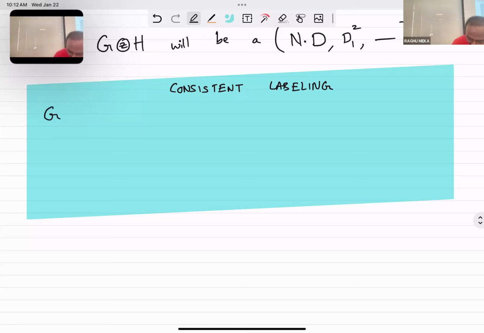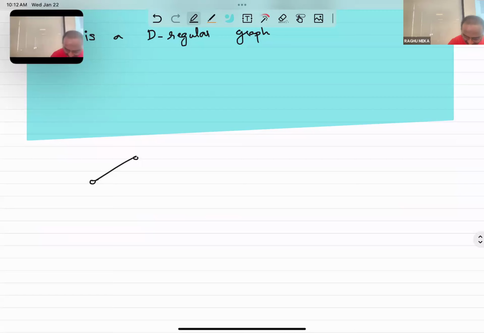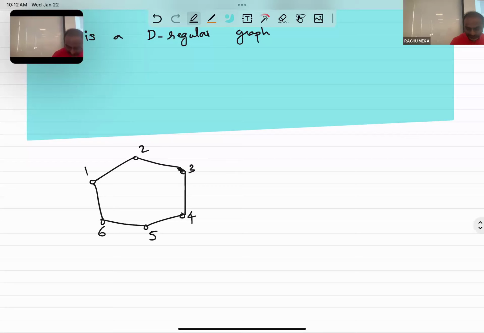Okay, so formally, suppose I have a d-regular graph, right? So imagine this is my graph. It's a 2-regular graph, just a 6-cycle, right? I have vertices 1, 2, 3, 4, 5, 6. A consistent labeling is just a way to label the edges, something like this.